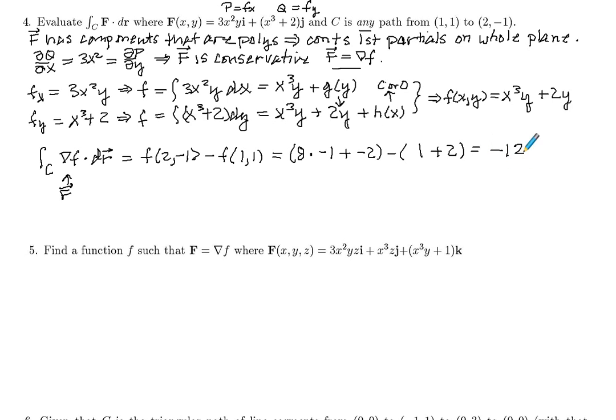Okay, so that's the value of our line integral. Oh, wait a minute. Back up the bus here. 1 plus 2 is 3. This is -10 and minus 3. That's going to be -13, not -12. There we go. All right.